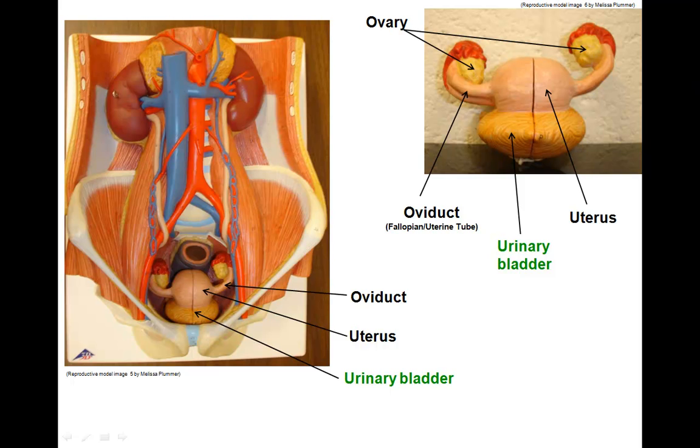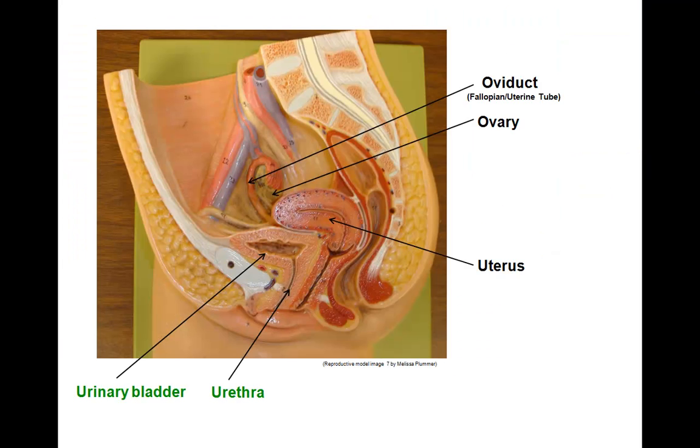Again, structures labeled in green are of the urinary system. This model shows a side view of the female reproductive organs positioned within the pelvic cavity: the ovary, oviduct, and uterus. You see the uterus positioned above the urinary bladder along with the urethra.